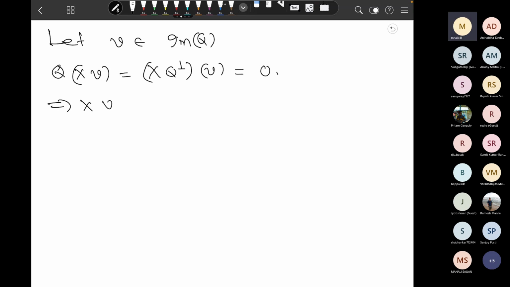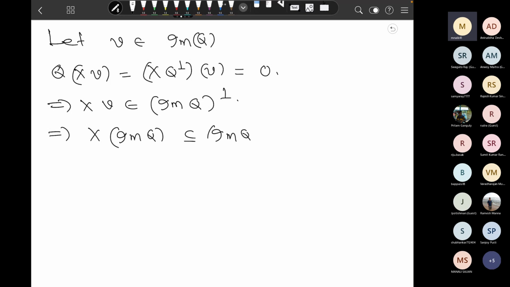So that means Xv belongs to image of Q perp. So this implies X of image of Q is contained inside image of Q perp.